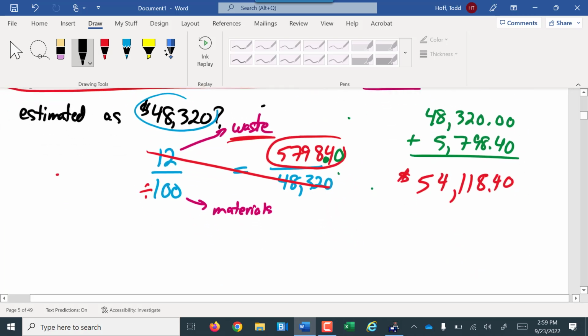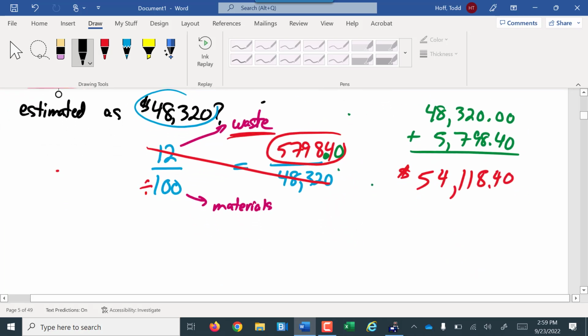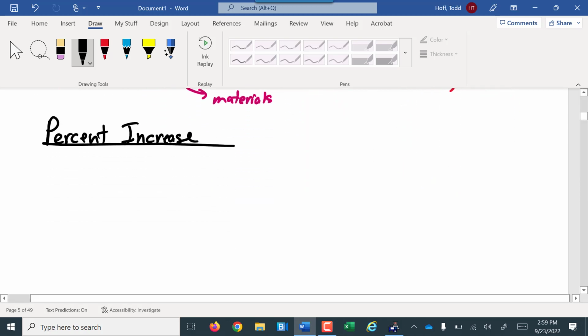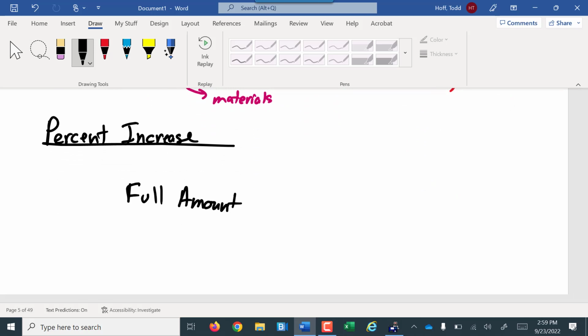So now here's a case. This is what we refer to as a percent increase problem. In a percent increase problem, we're starting out with some sort of a full amount, and then we're adding something to it.